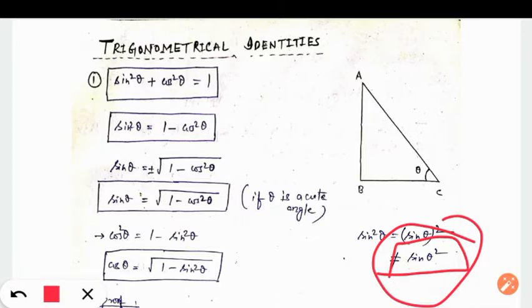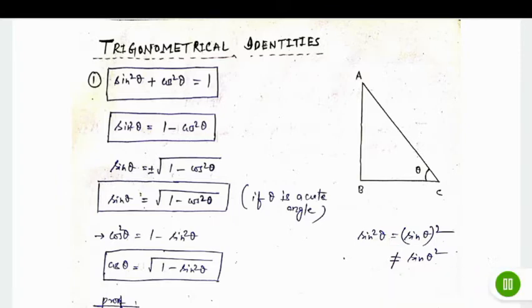If we write sine 30 degree square, it means sine 900 degree, because 30 square becomes 900. So in trigonometry, when we do the square of t ratios, sine theta into sine theta or cube or anything, we write the power here. So sine square theta means sine theta whole square.